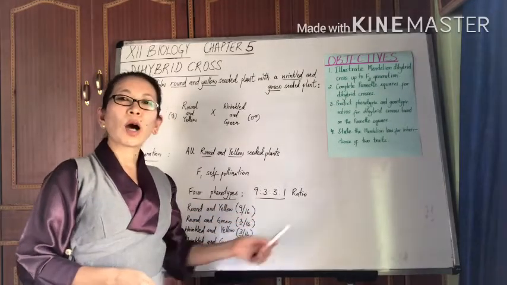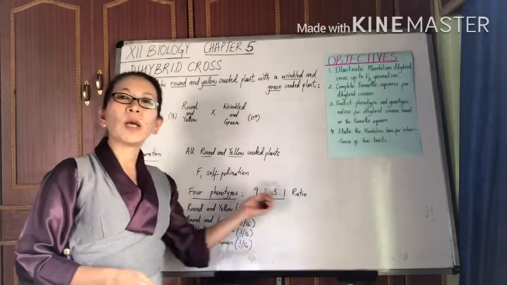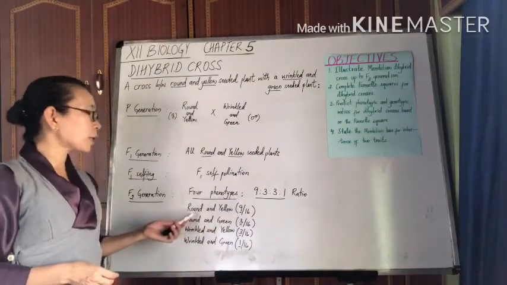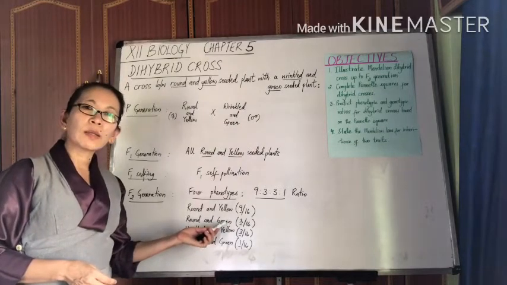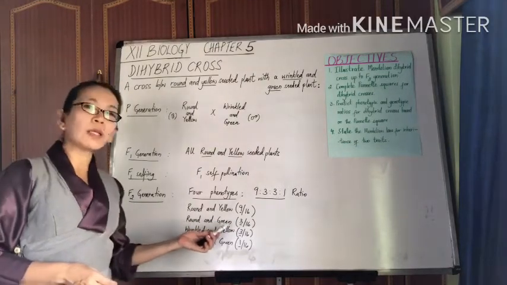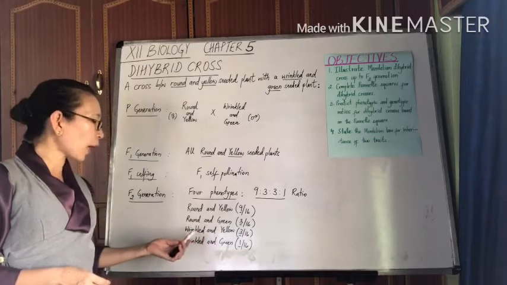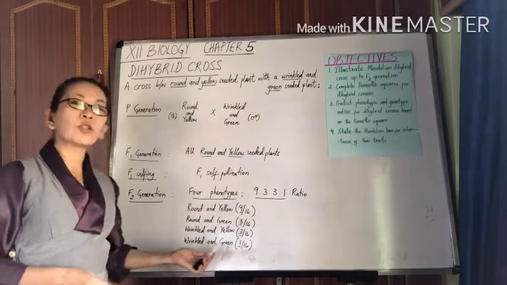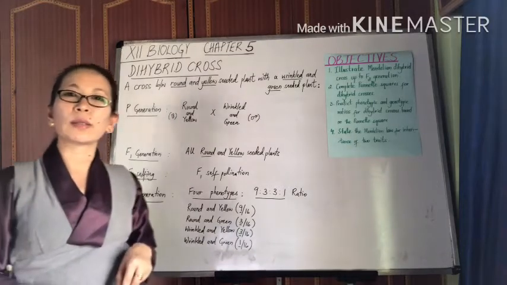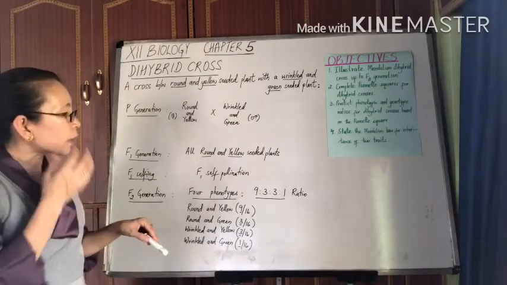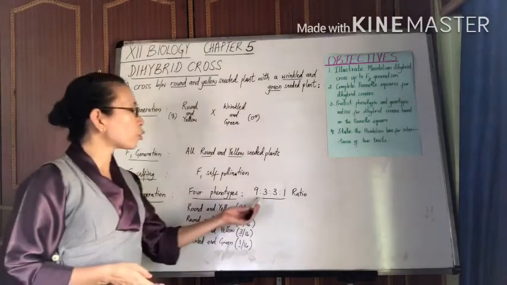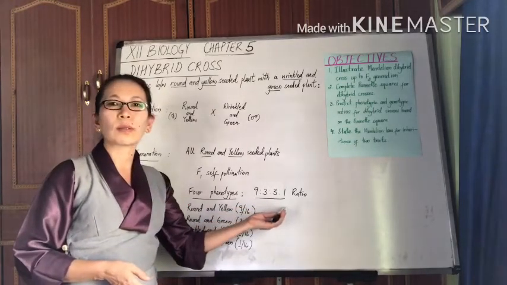9:3:3:1. So out of the 16 possible combinations, what he saw was 9 of them had round and yellow seeds, 3 of them had round and green seeds, yet another 3 had wrinkled and yellow seeds, and 1 had wrinkled and green seeds. So this was his typical F2 phenotypic ratio, which was 9:3:3:1.